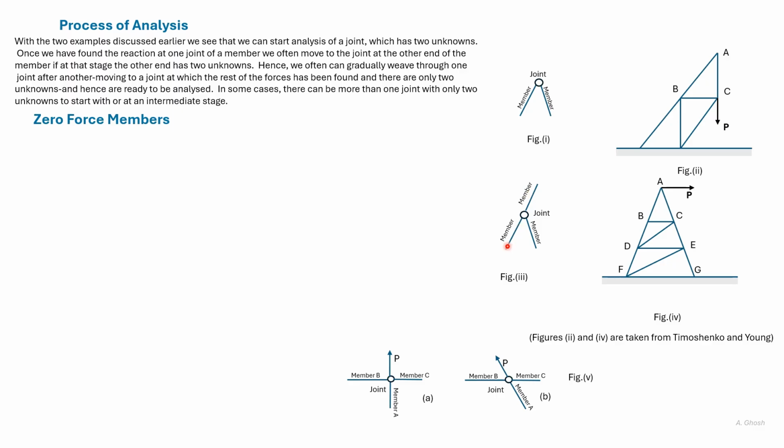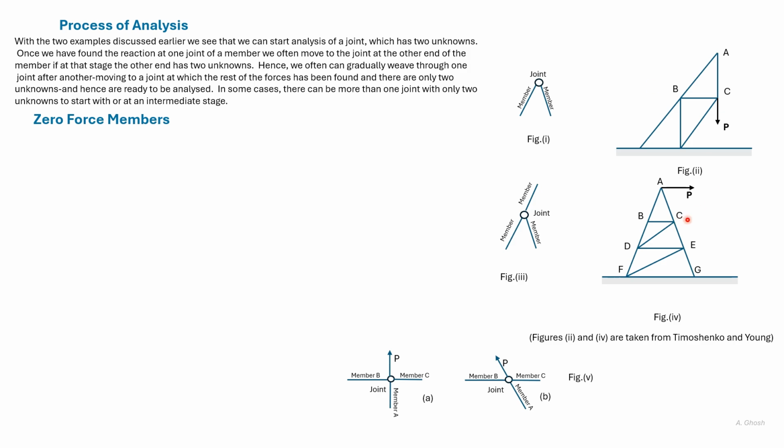Here there are three members, two of which are collinear, and there's no force in the joint. Then the third member will have zero force. So in this truss, BD and BA are collinear. There's no force in B, so the force in BC is zero.